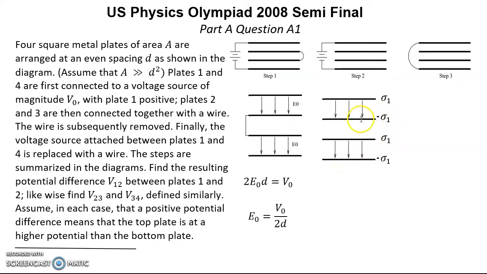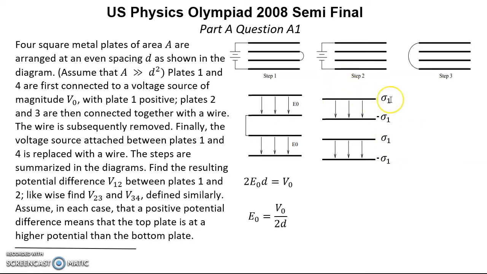And because these charges compensate each other, between the second and third plate this charge must have density negative sigma 1, and this charge is positive sigma 1.